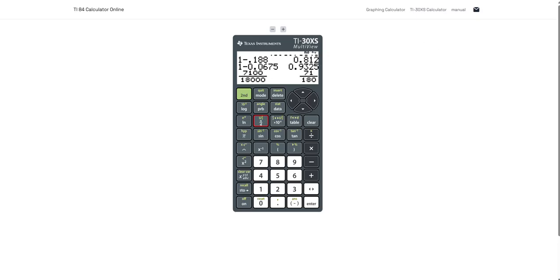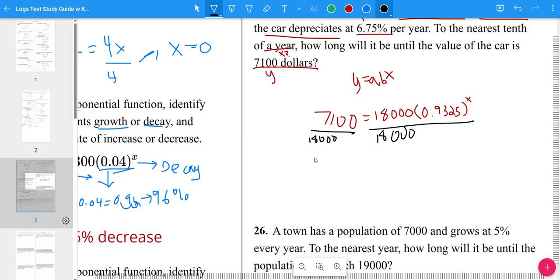So 71 over 180, 71 over 180 equals 0.9325 to the x. So I need to get x by itself, so logs are base. This is my base, this is my exponent, and this is my answer.